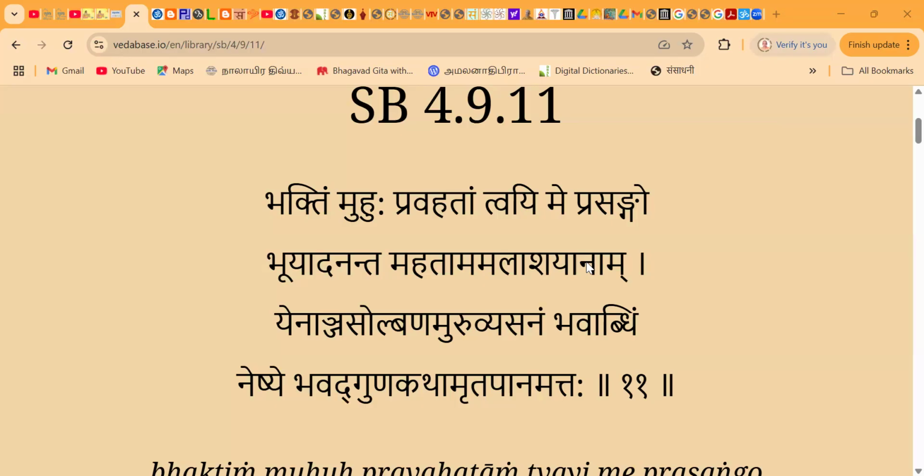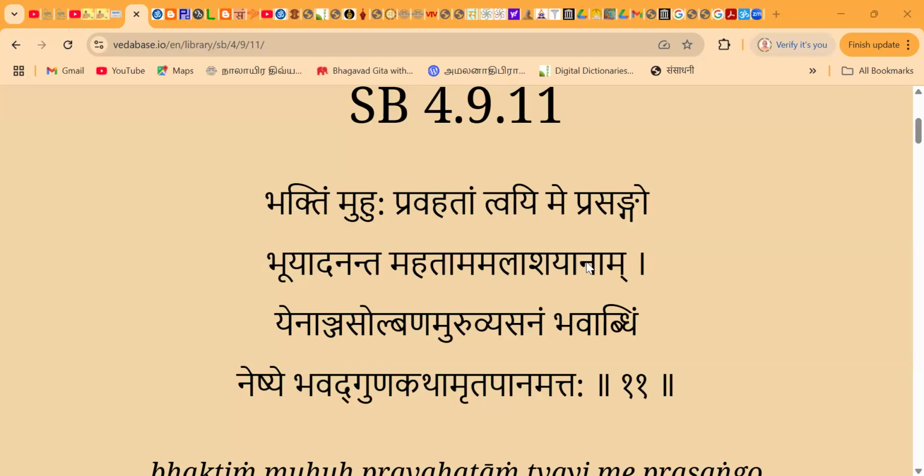Amala ashayanam, who have pure hearts. And bhaktim pravahatam, who perform bhakti to you. Bhaktim muhu pravahatam, who constantly perform bhakti to you.